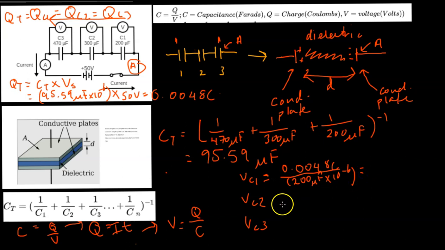Let's do all of these first. Capacitor 2 has the same charge, 0.0048 coulombs, divided by 300 microfarads, times 10 to the negative 6.